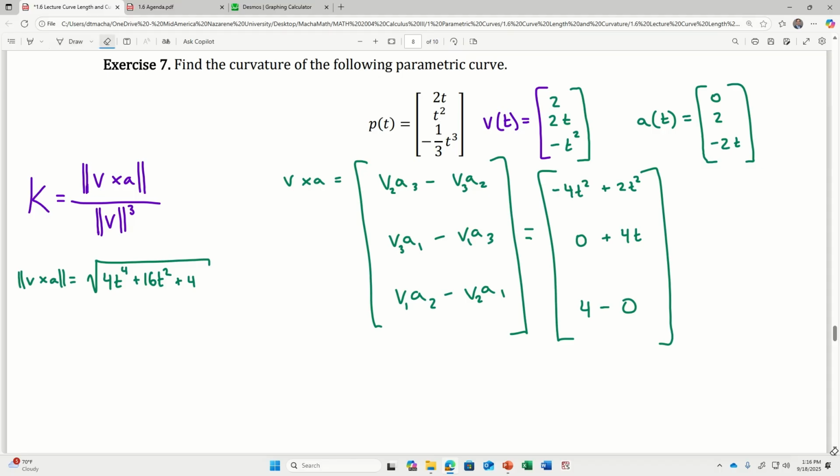You're right. Then I need the norm of V, and the norm of V is the square root of 4 plus 4t squared plus t to the fourth power.